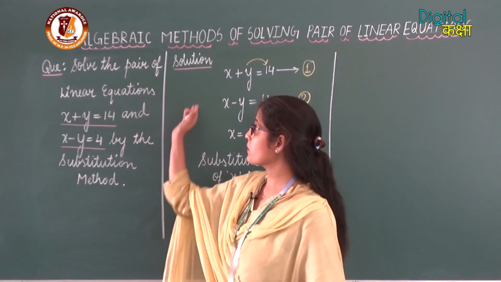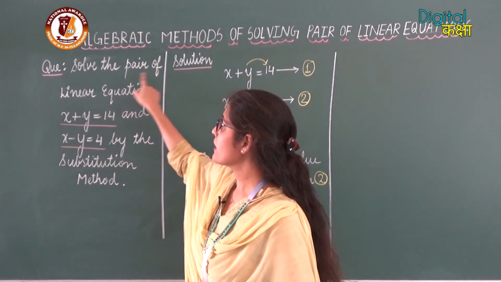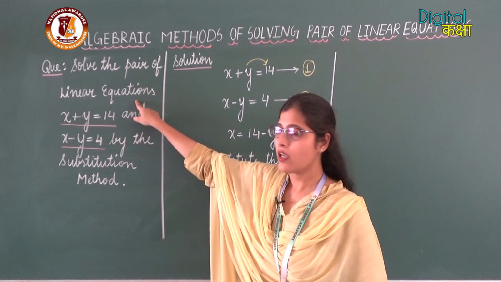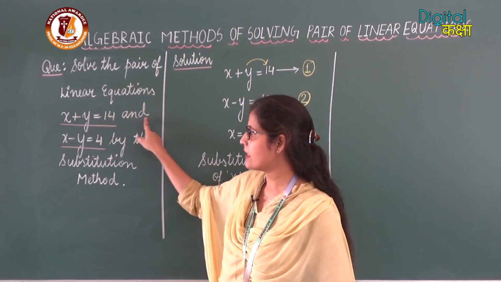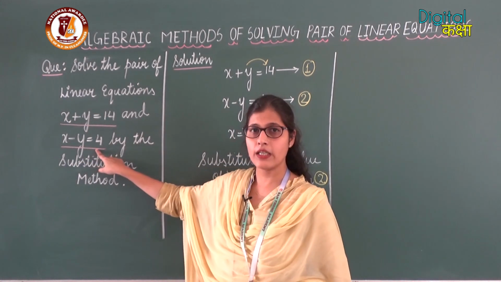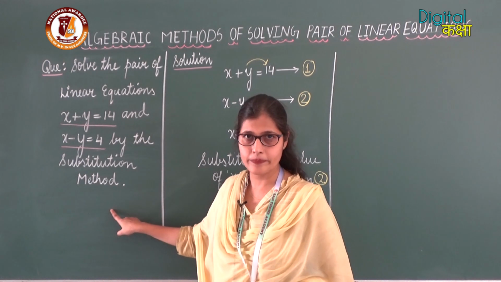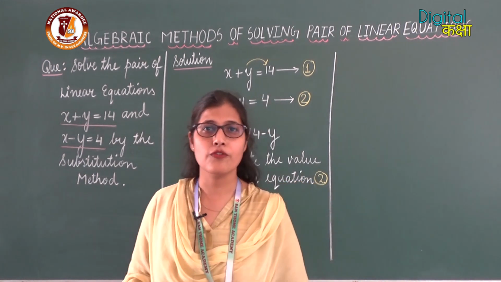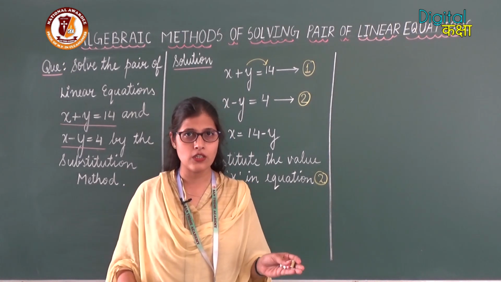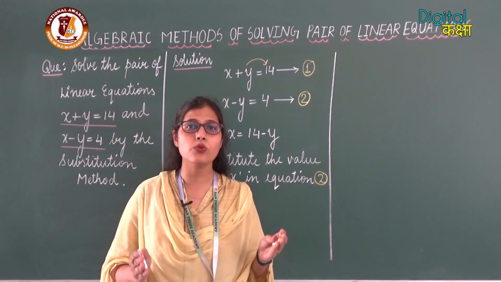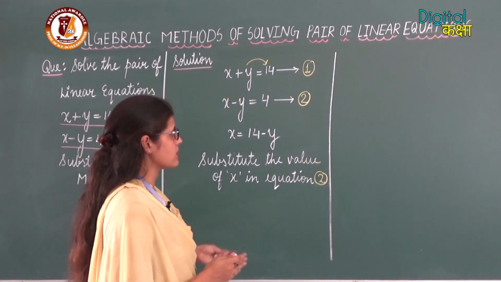So now the question is, solve the pair of linear equations x plus y equals to 14 and x minus y equals to 4 by the substitution method. Since we are talking about pair of linear equations, we have to deal with two equations. So we will mark them as equation 1 and equation 2.